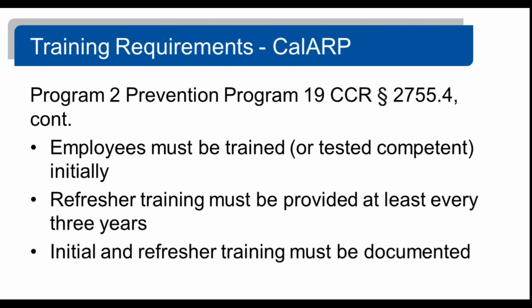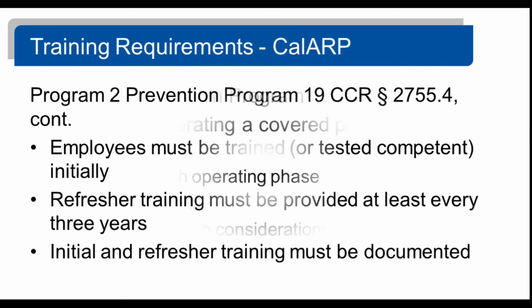Now, refresher training for these employees that operate a covered process must be provided at least every 3 years. Training could be provided more frequently, but at a minimum, at least every 3 years. And then both for your initial and refresher training for these employees, the training must be documented. So you have to have records, documentation that the employees have met both initial and refresher training requirements.